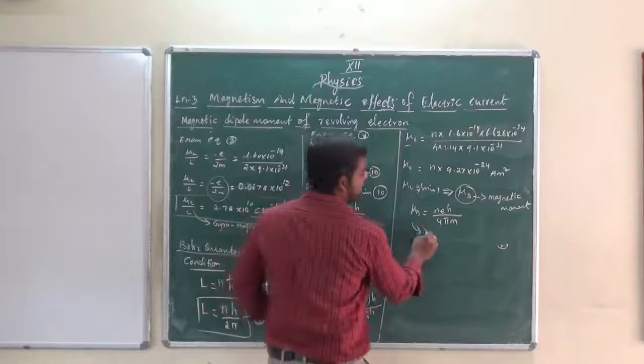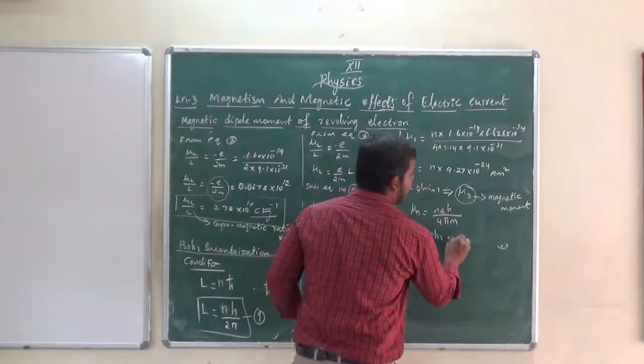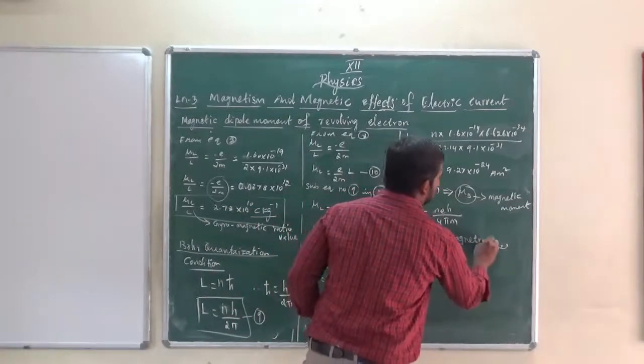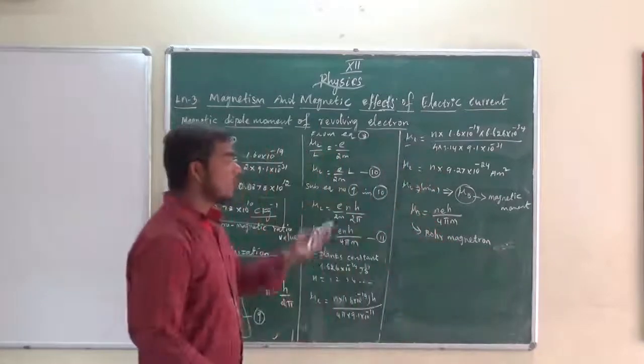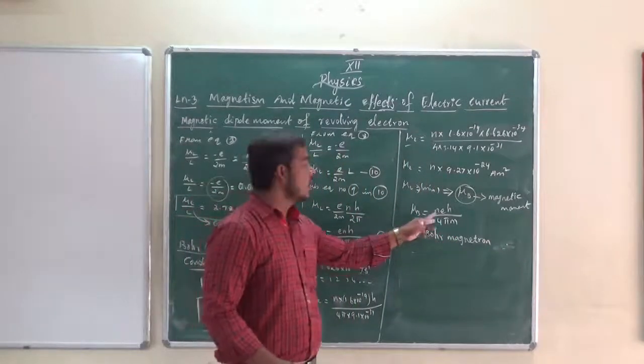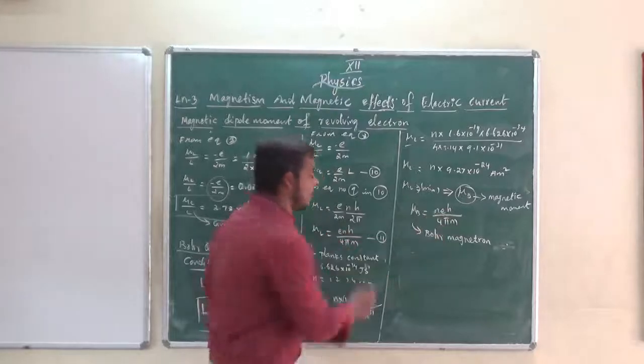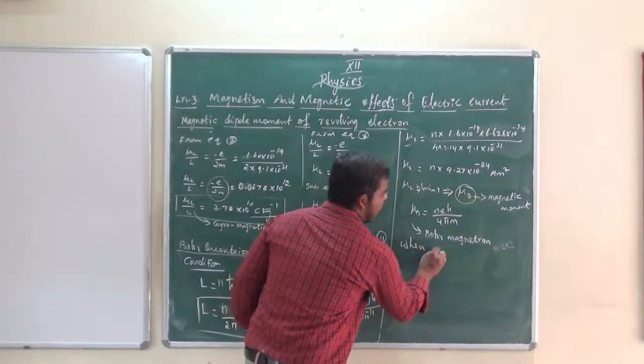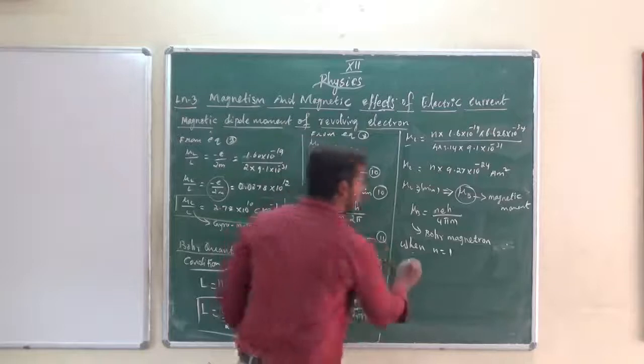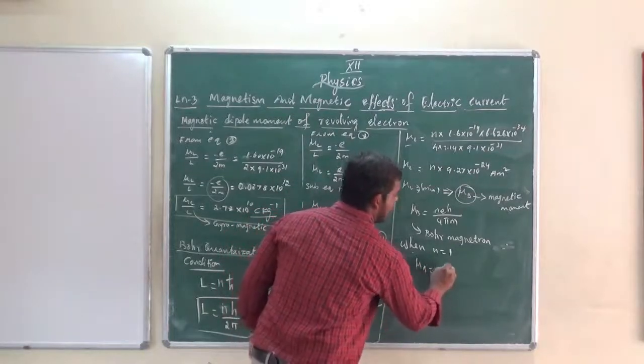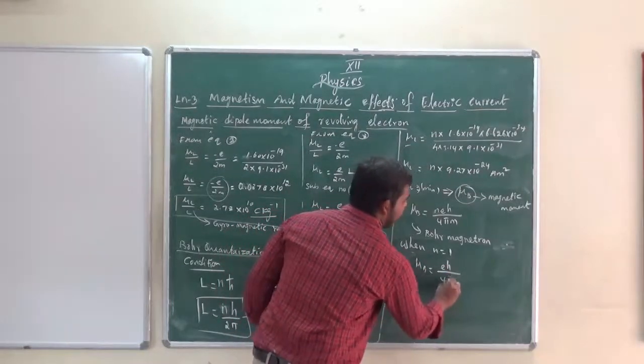This is actually the Bohr magneton. Important, one more question: Bohr magneton. When n is equal to 1, what is the Bohr magneton? Mu b equal to e h divided by 4 pi m.